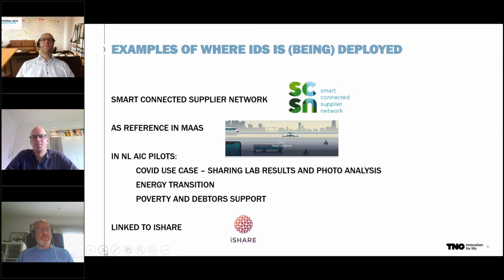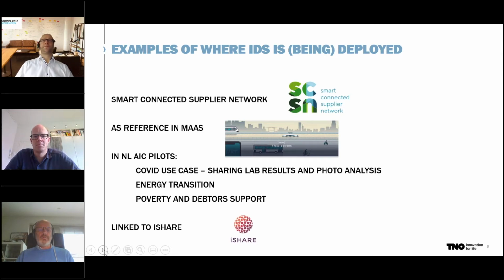I know that, for instance, also in mobility as a service in the Netherlands, IDS is used as the benchmark for them to build the architecture around their platform. But also in the Dutch AI coalition, we are deploying pilots on COVID, for instance, on energy transition and poverty and debtor support. Those are use cases that are really relevant in the Dutch context.